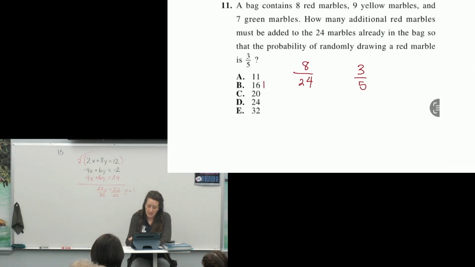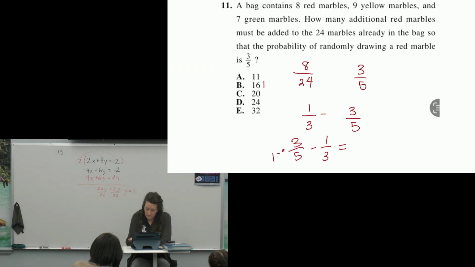So if we have 8 24ths right now, it is about 1/3, right? And the difference of 1/3, so 3/5 minus 1/3.